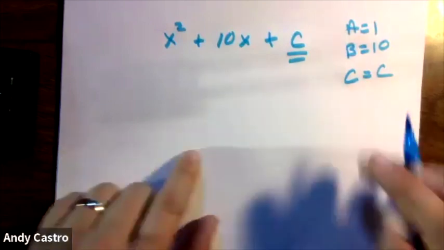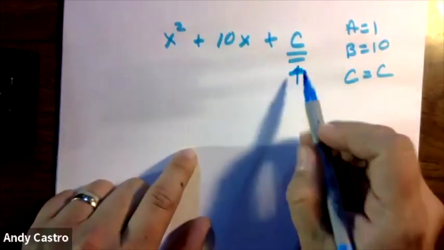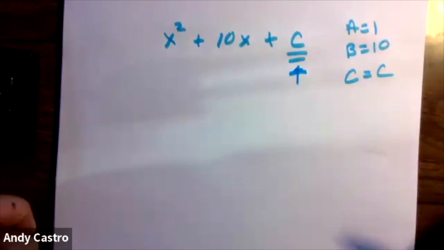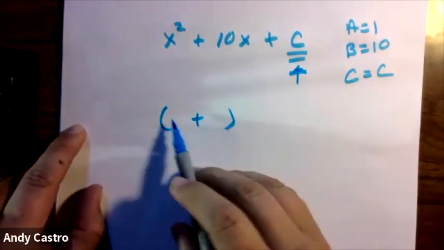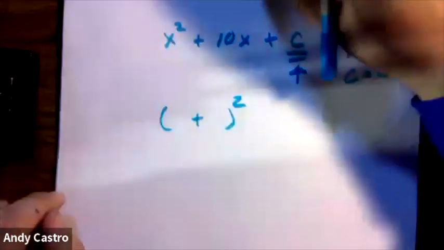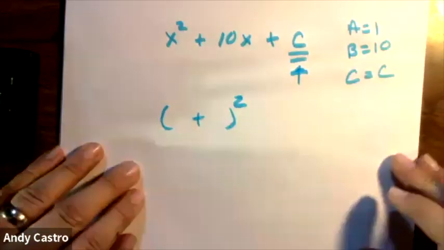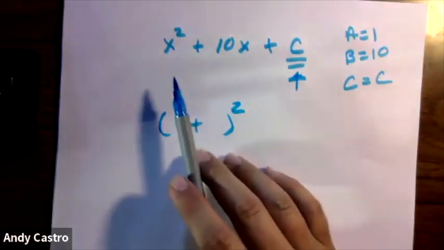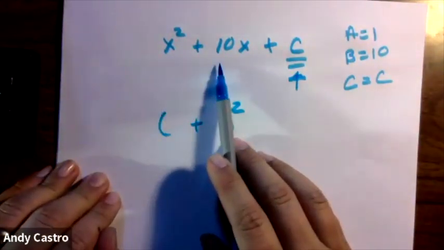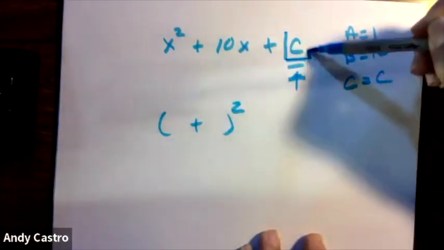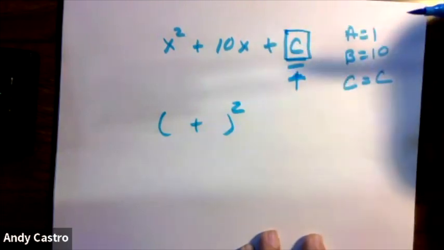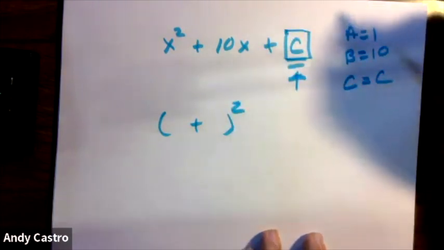Basically, we're going to put the number in for c that makes this a perfect square, something plus something squared. When I look at this expression, x squared plus 10x plus c, what number can I put in for c to where I have a perfect square? So how do I figure that out?